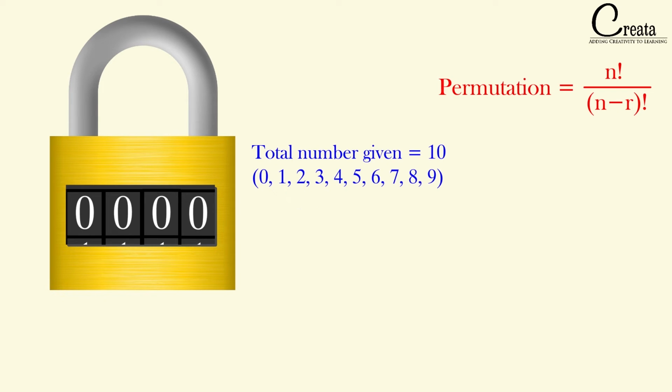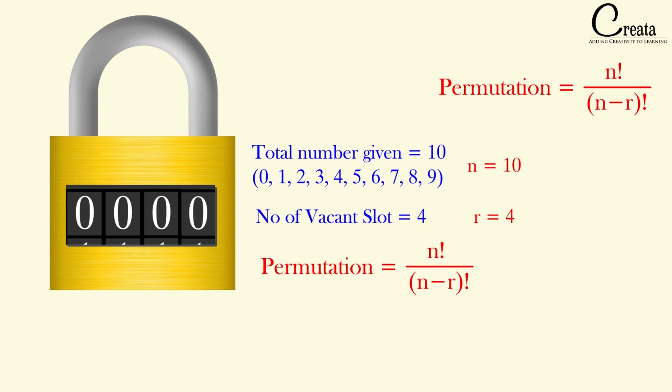And we have a total of 4 slots, that is 4 vacant places. Here n is equal to 10 and r is equal to 4. So the number of ways or the permutation is equal to n factorial upon n minus r factorial, that is 10 factorial upon 10 minus 4 factorial, that is 10 factorial upon 6 factorial. Okay, we got the answer as 10 into 9 into 8 into 7.